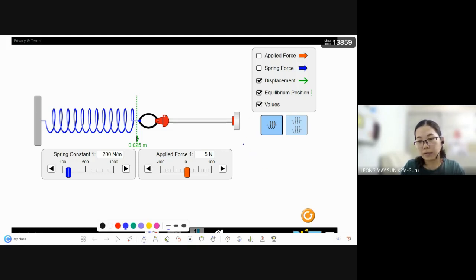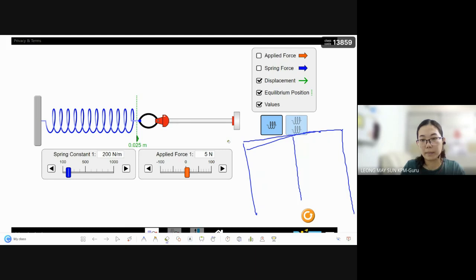So I'm just going to do a very simple table at the side here. I'm going to put this as my force, the unit that I'm going to use is Newton. And then this is the extension, the unit here that they use is meter.